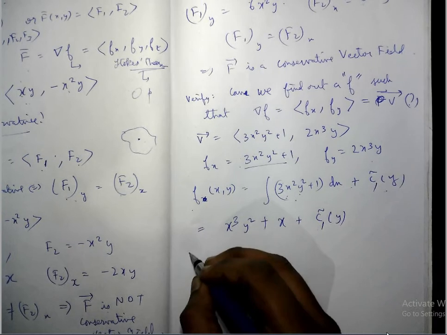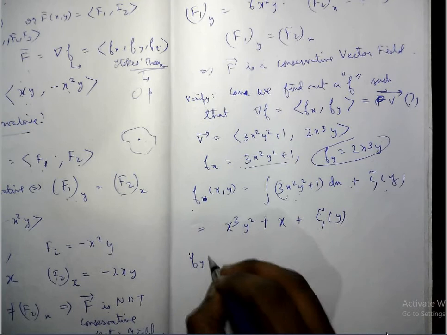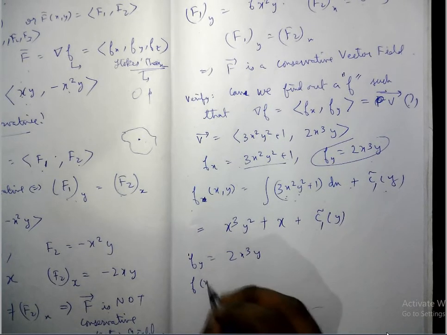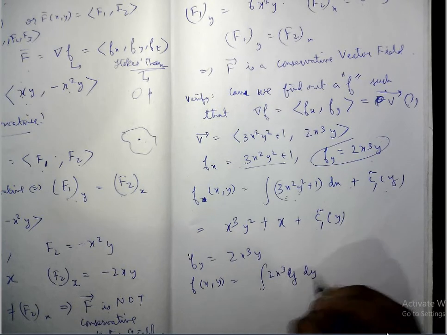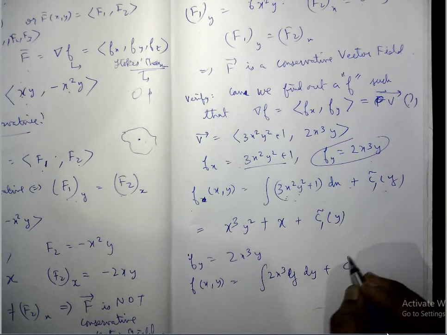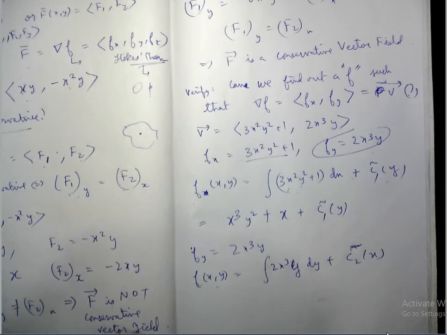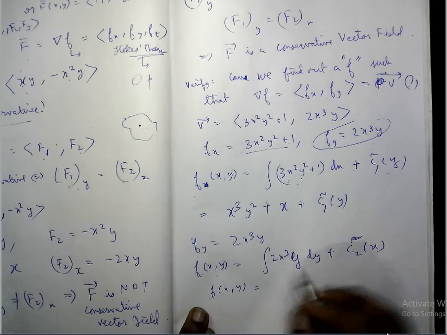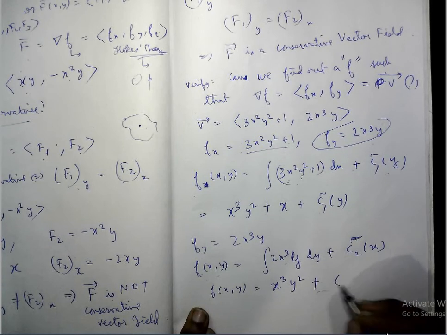And now similarly, since fy is equal to 2x³y, we want to integrate with respect to y, 2x³y dy, but now we add a function of x, because when we differentiate this with respect to y, it will vanish. So now f(x,y) is equal to x³y² plus c2 tilde of x.